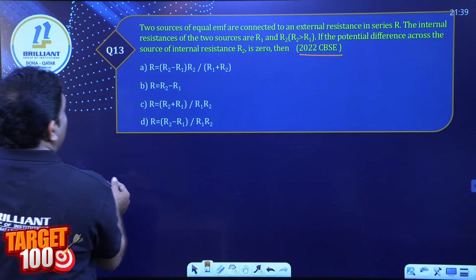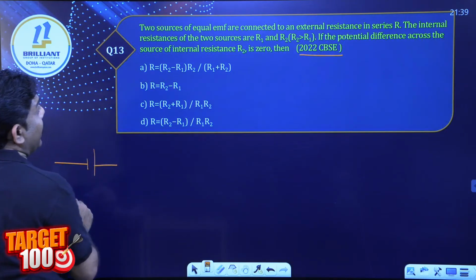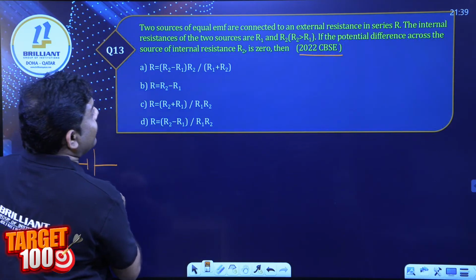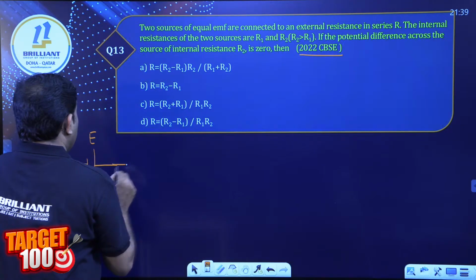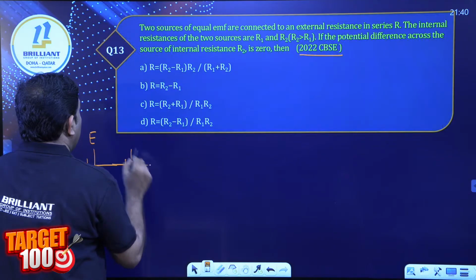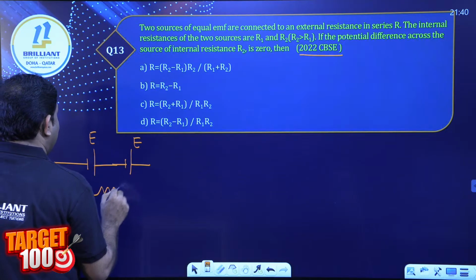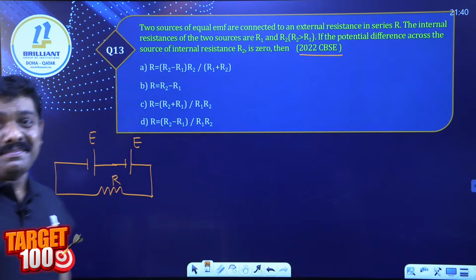So first of all, we can draw this diagram. Two cells with equal EMF, E, are connected to an external resistance R in series. Series means we are connecting minus to plus. So this is our diagram.